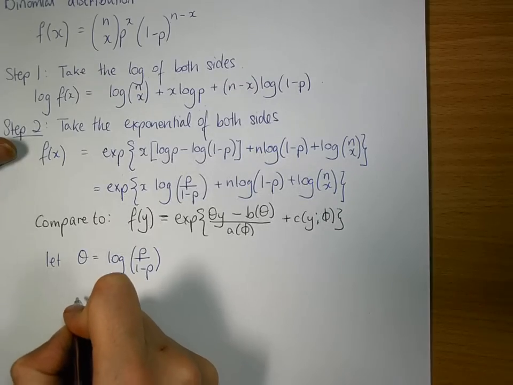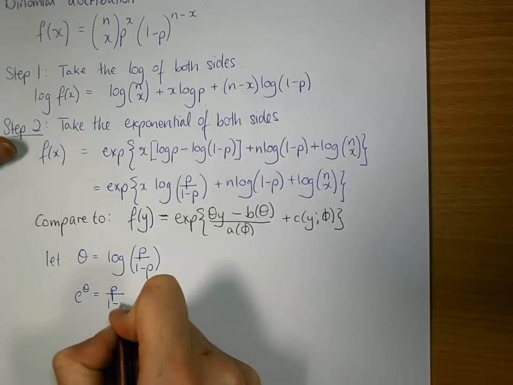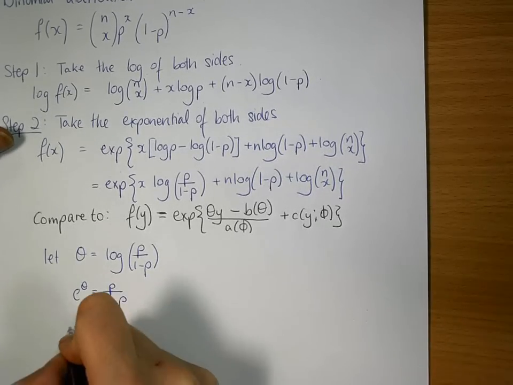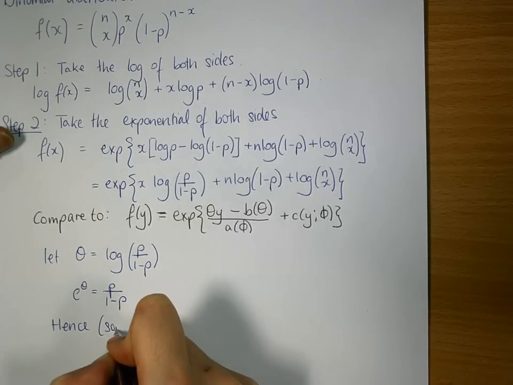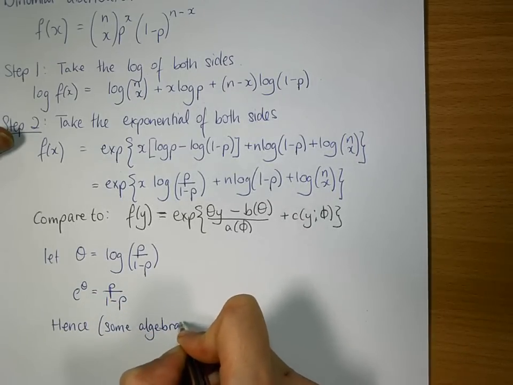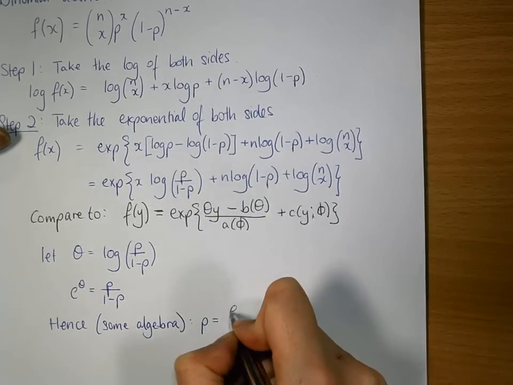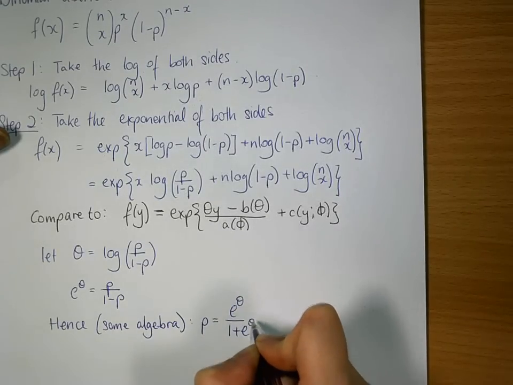So we have e to the theta equals p divided by 1 minus p, and hence, with a little algebra, do try to practice this yourself, p is equal to e to the theta divided by 1 plus e to the theta.